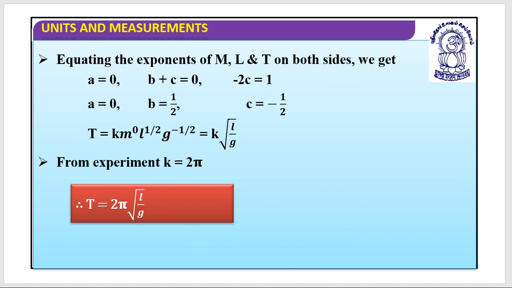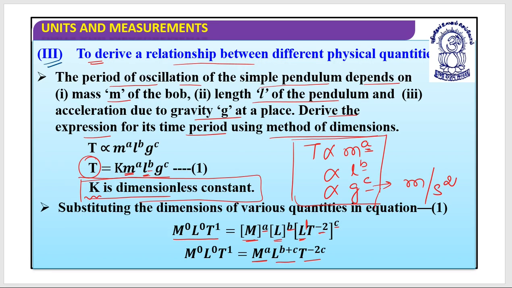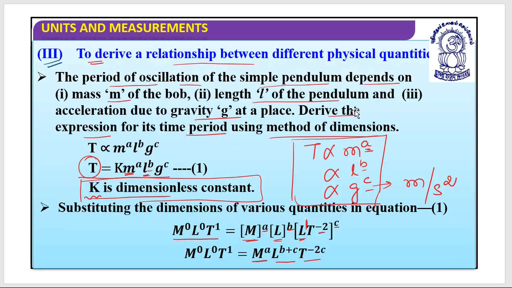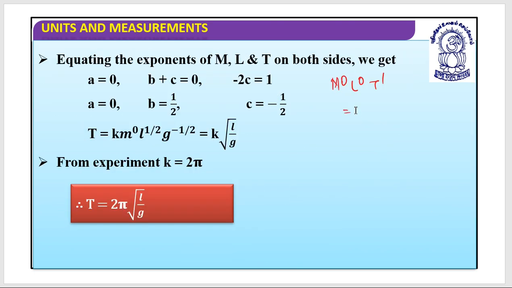What we are supposed to do now is compare the exponents, the powers of M, L and T on both sides. If you remember, we have M0 L0 T1 equal to M to the power A, L to the power B plus C and T to the power minus 2C.